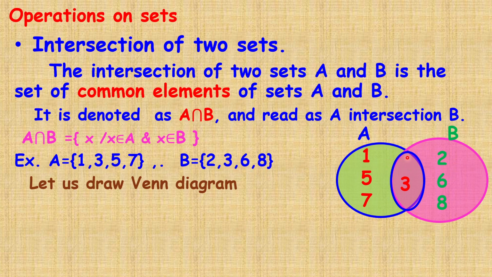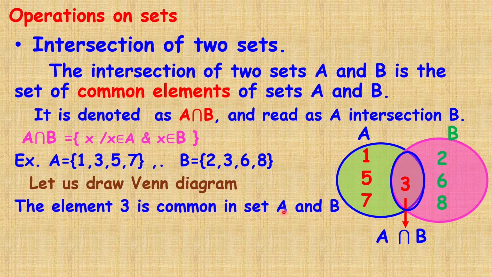In set A and in set B, the common element is 3. So A intersection B has the element 3. From the Venn diagram, the element 3 is common in sets A and B. Therefore, A intersection B is equal to {3}.